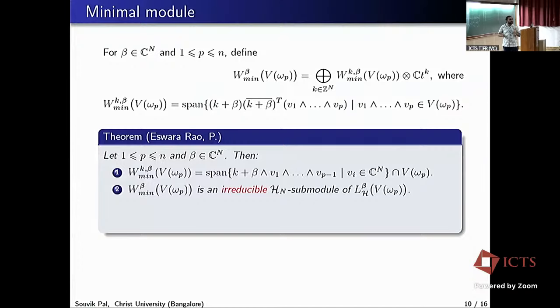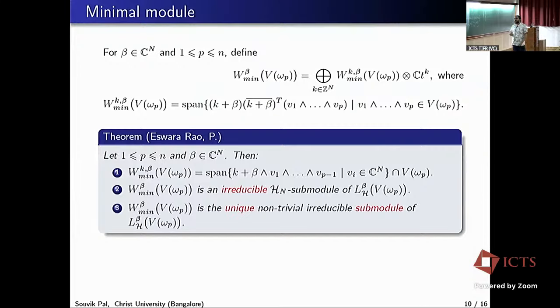The important thing is that it's not only a submodule, it's an irreducible submodule, and not only that, it is the unique non-trivial irreducible submodule. Inside that there are no other non-trivial irreducible submodules apart from this one. So I will just make a note of this realization. It will come in handy later. I will write the kth graded component.